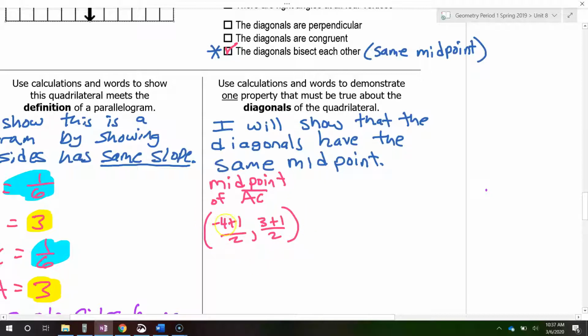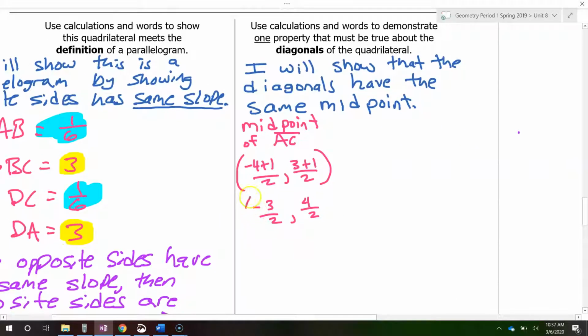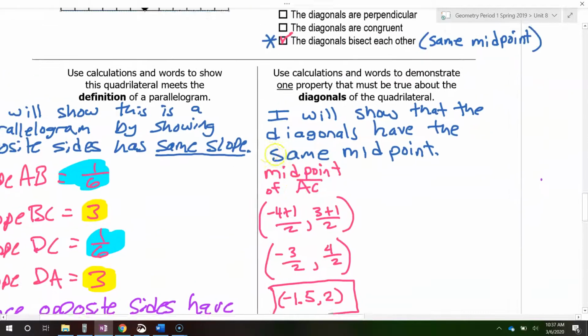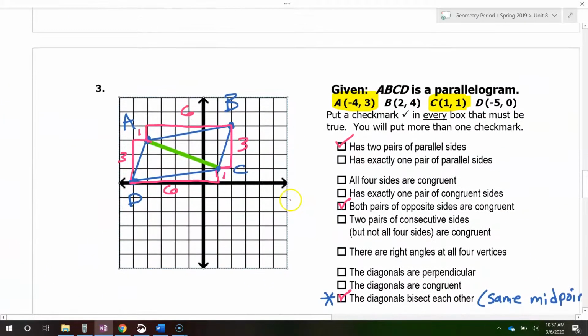So let's see, -4 plus 1 is -3 over 2. And 3 plus 1 over 2 is 4 over 2. So in the end, that will be -1.5, comma 2. That is the midpoint of AC. Now, that's the midpoint of one diagonal.